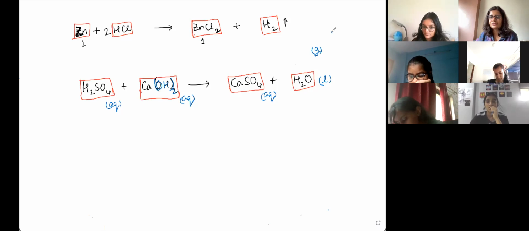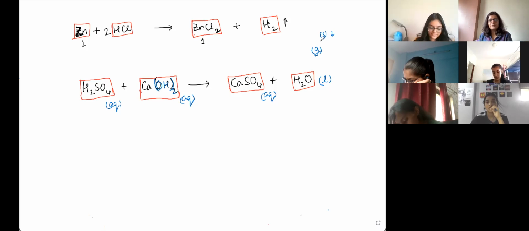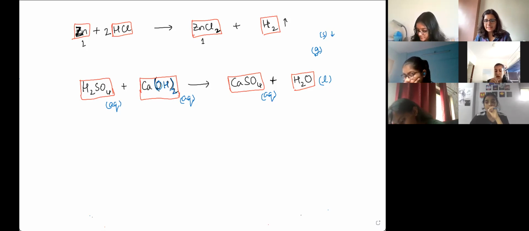In that case, use a downward arrow, or you can put solid there. So try to figure out how the reaction is going to happen. That will give you a hint about what it could be. I got it. Thank you so much. Okay, so Kashvi has sent in, Samriddhi, Sujal, Dakshanya, Megha, Shana, Arshia, Anika, Agrima.